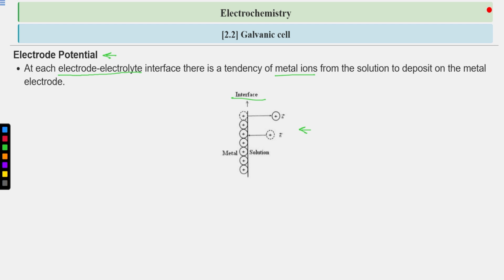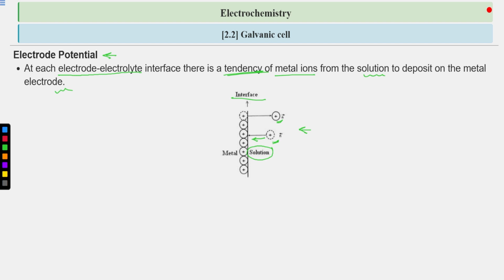At each electrode electrolyte interface, there is a tendency of metal ions from the solution to deposit on the metal electrode. These metal ions present in the solution tend to deposit on the metal electrode and combine with it. You can see an arrow depicting this direction.